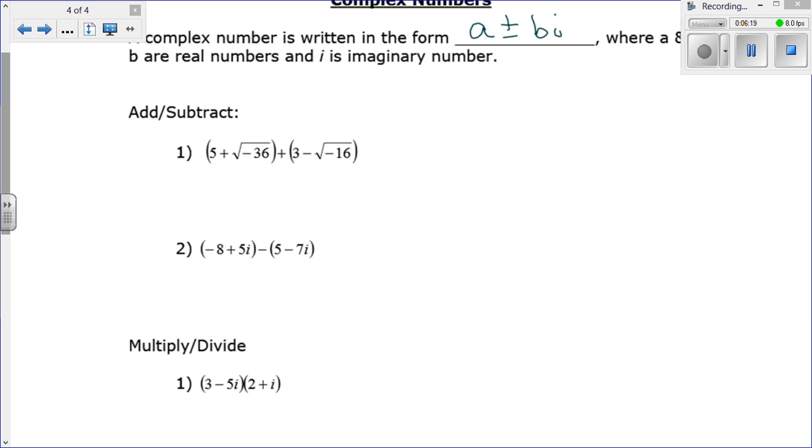So this becomes 5 plus the square root of negative 36, which is 6i, plus 3 minus the square root of negative 16, which is 4i. So combine your real parts. 5 plus 3 is 8. Combine your imaginary parts. A positive 6i and a negative 4i is negative 2i. Or sorry, plus 2i.